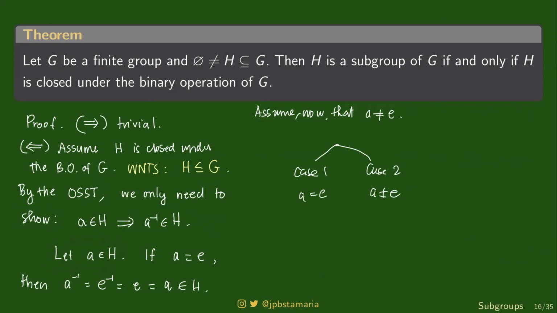Tapos na tayo sa case 1. Pag kasi si A ay E, ang inverse niya sarili niya, kaya talagang closed siya under inverses. Pag si A ay hindi E, ito yung challenge dyan. Okay. So, paano natin to magagawa? Okay, ganito.